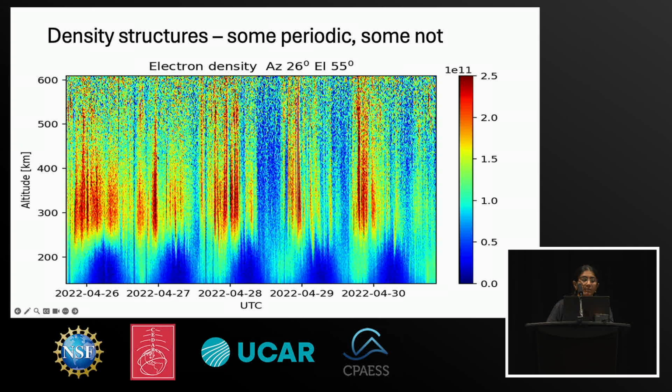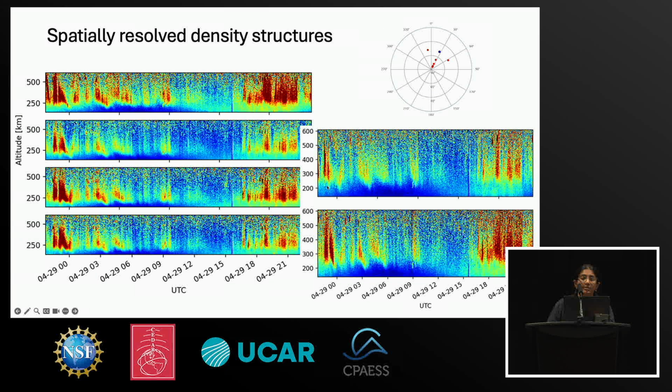There are some intense density structures, some not so intense, some look periodic, some don't. This was run with a 7-beam mode, with closely spaced beams, where you can see the differences in the structures a lot more clearly.